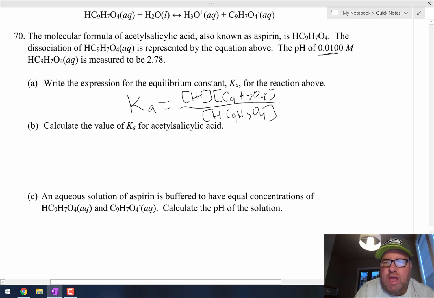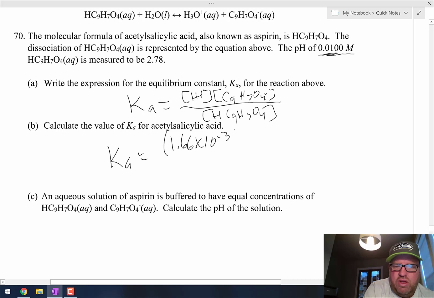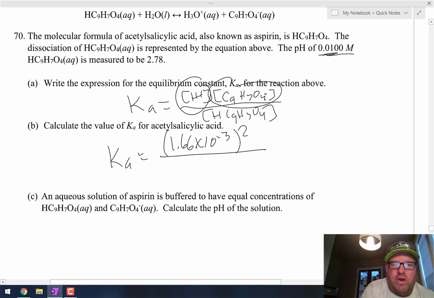So it says the pH of a 0.010 molar solution is 2.78. So I know that's telling me the hydrogen ion concentration. So it's 10 to the power of negative 2.78, which equals 1.66 times 10 to the minus third. Ka is going to be that squared, because the H plus and A minus are going to equal each other, over 0.0100. And remember to subtract that 1.66 times 10 to the minus third.